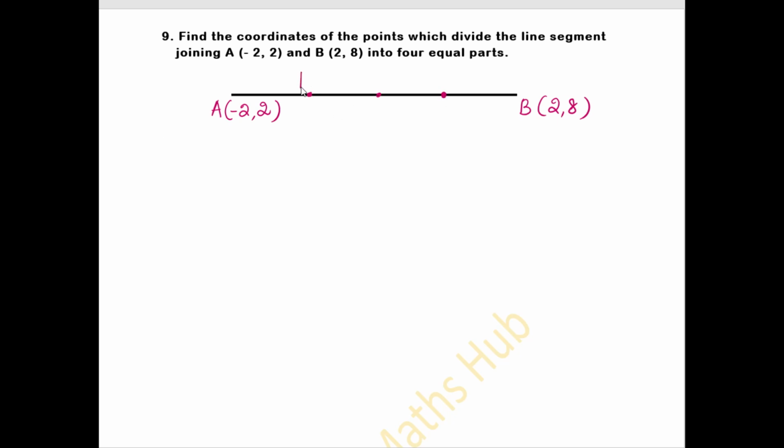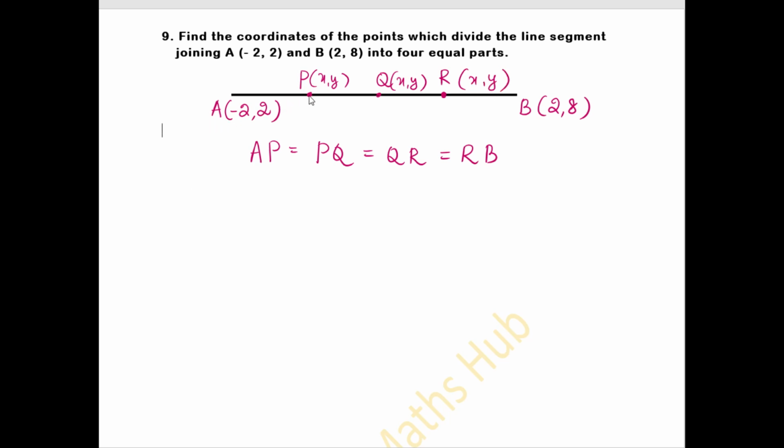Now this line segment AB is divided into 4 equal parts by the points P, Q and R. The points P, Q, R divide the line segment AB into 4 equal parts, that is AP equals PQ equals QR equals RB, where the points P, Q and R are points of the equal parts, that is P of x comma y, Q of x comma y and R of x comma y.